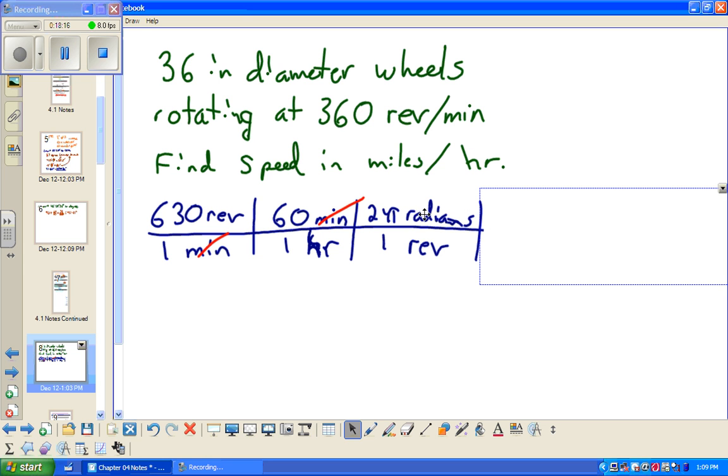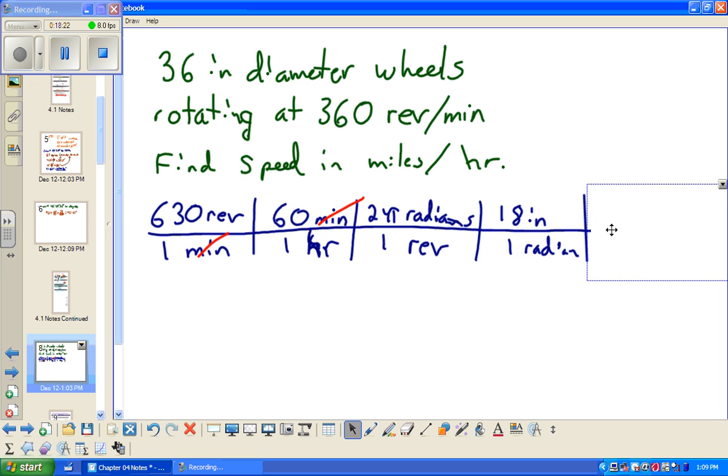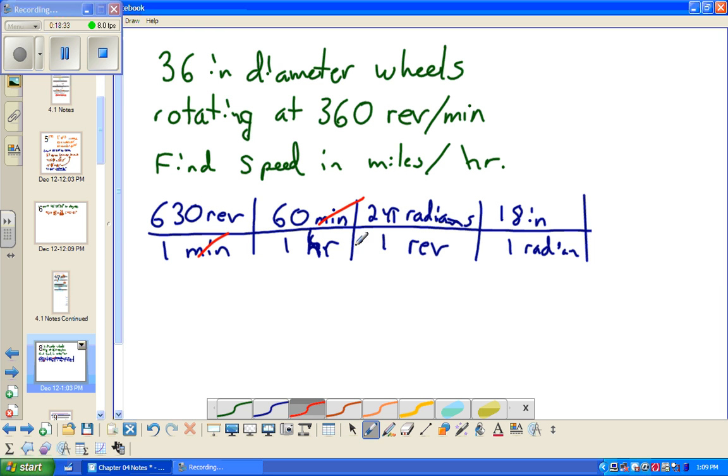What we'll do next is, 1 revolution is going to be 2 pi radians. And the radians, well, since it's a 36-inch diameter, the radius is going to be 18 inches. So for every radian, we'll have 18 inches covered. From there, we don't want inches, we want miles.